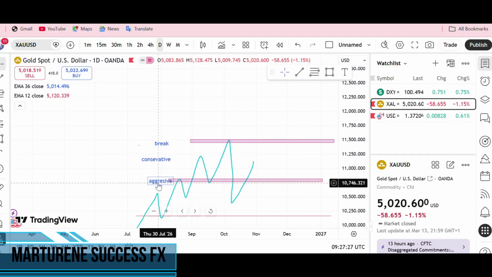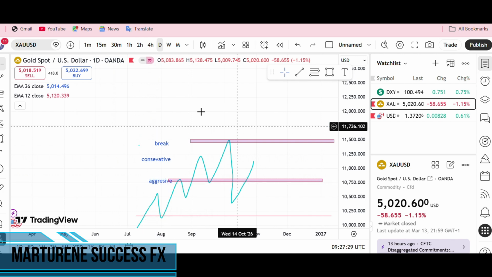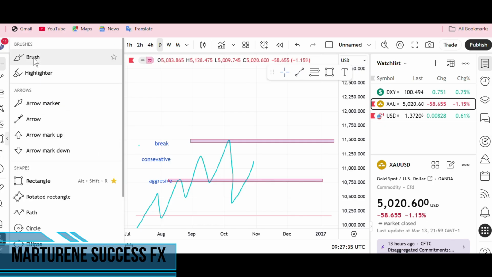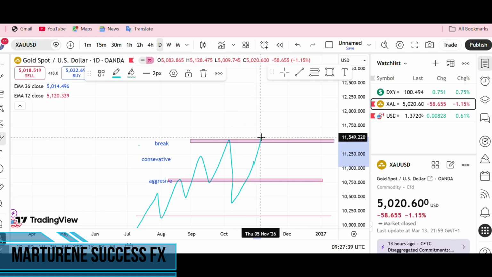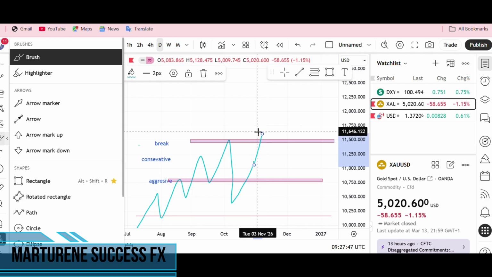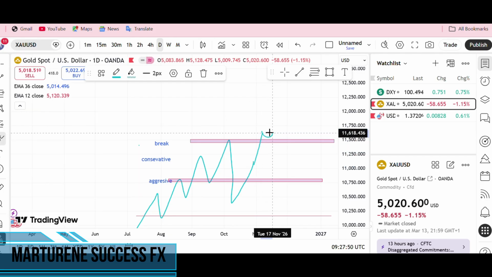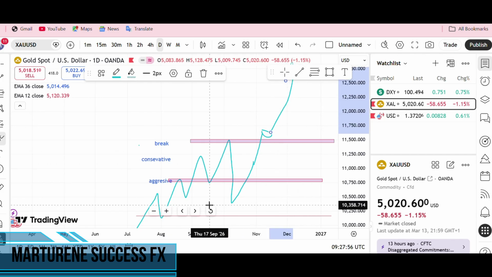With the aggressive method, immediately the market breaks the support or the resistance, you enter for a buy to the upside. Immediately it breaks, you enter for a buy.